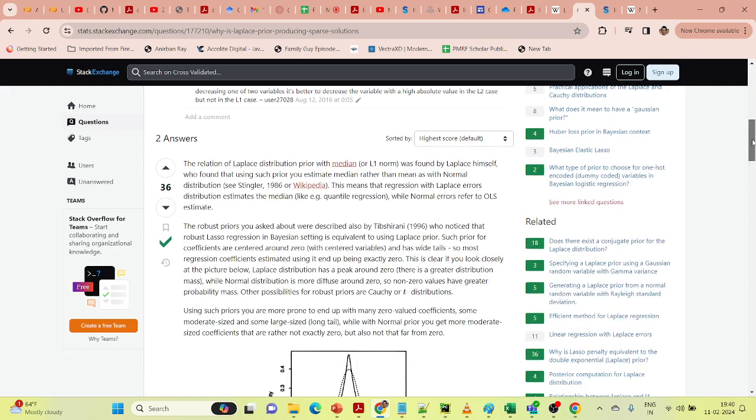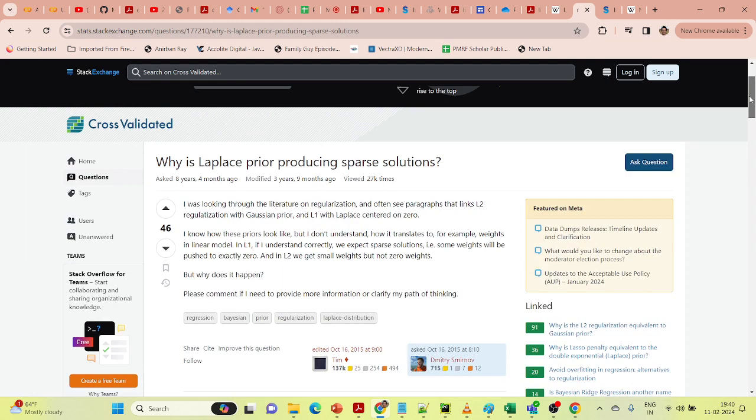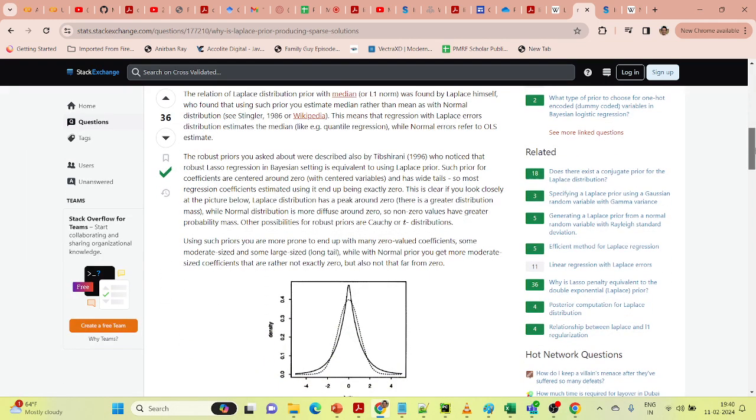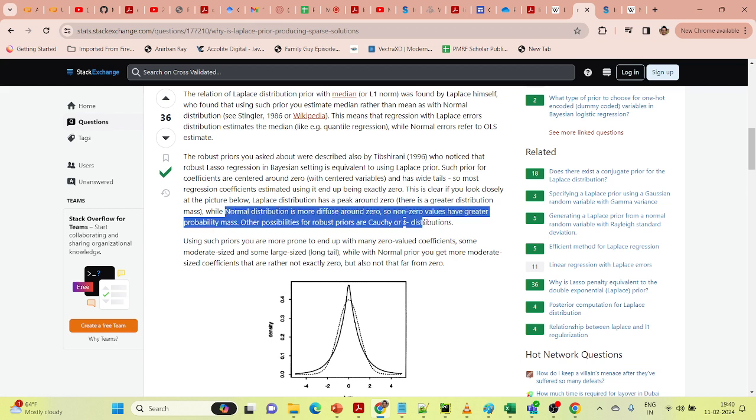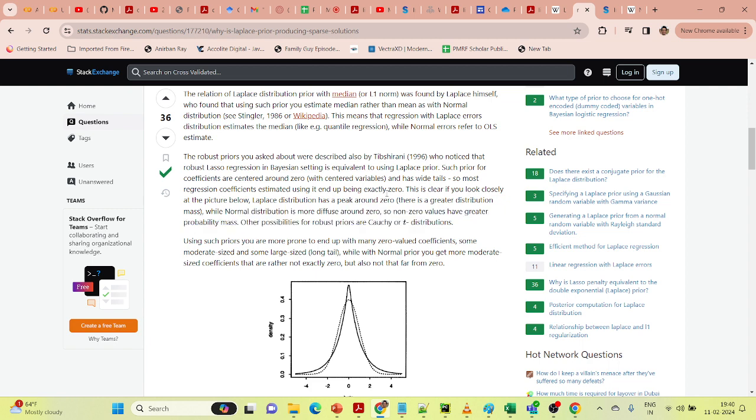As you can see, one post I found at Stack Exchange, stats.stackexchange. The normal distribution is more diffuse around zero, so non-zero values have greater probability mass, but the Laplace one has a peak around zero. So if the values are small, it almost does not do anything, but if the values are large, it quickly makes them zero.